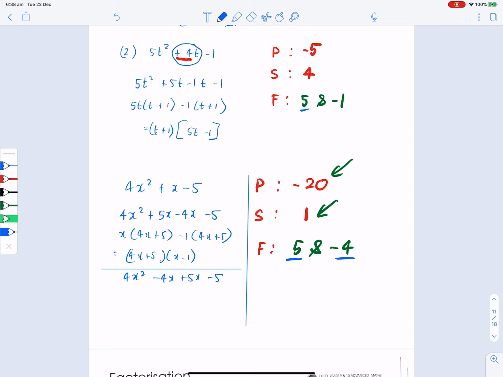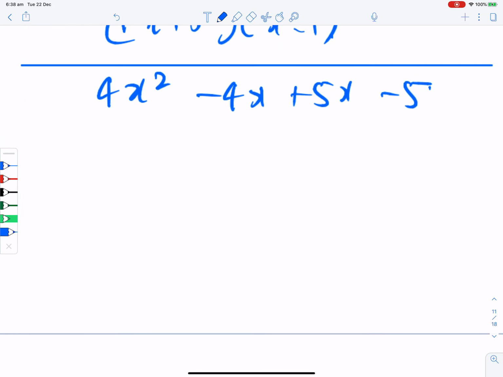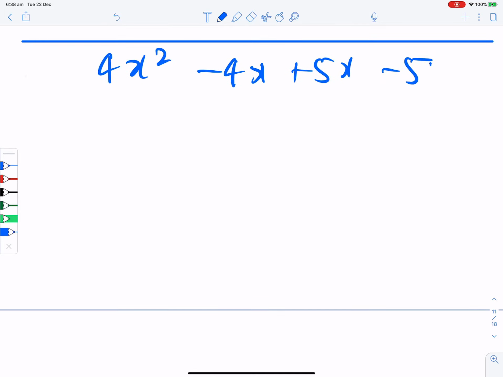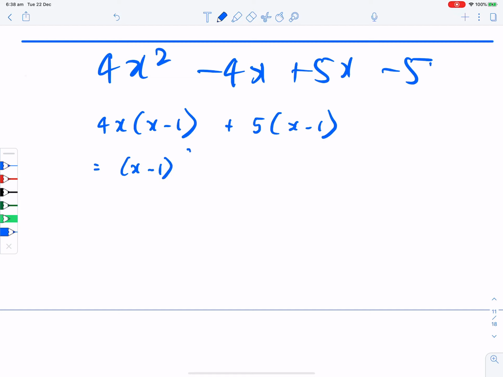Because if you have a look at now at factorising that, it's going to be much easier because I've got the 4's lining up and the 5's lining up. So now I've got 4x outside of x minus 1 plus 5 outside of x minus 1, which is x minus 1 times 4x plus 5. And that's our final answer.